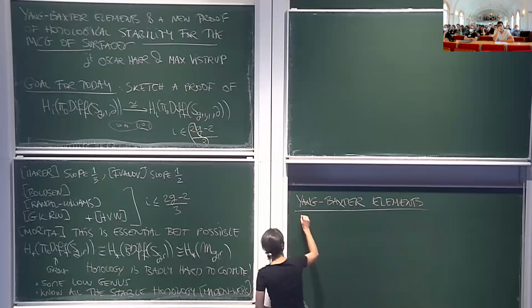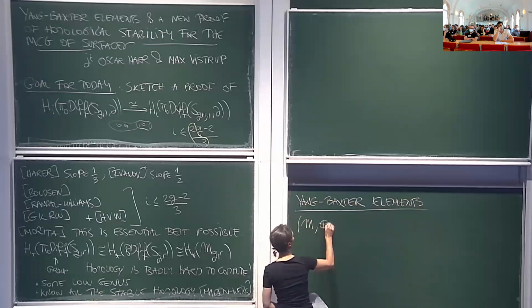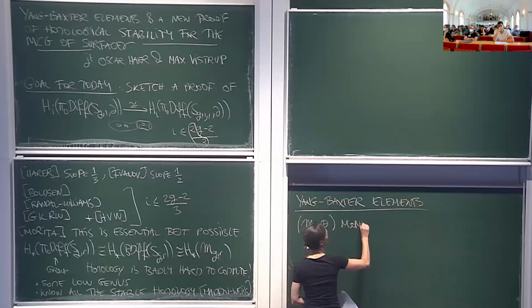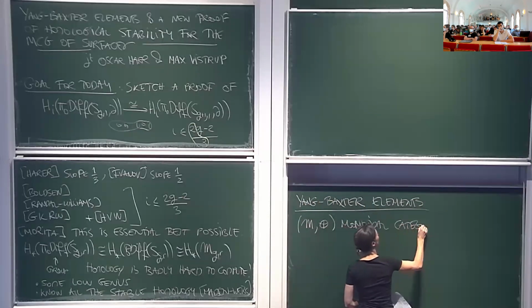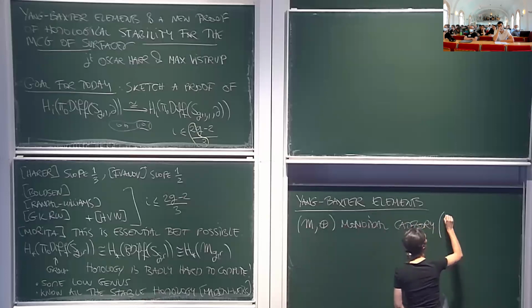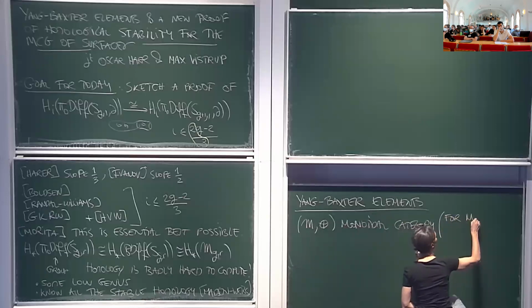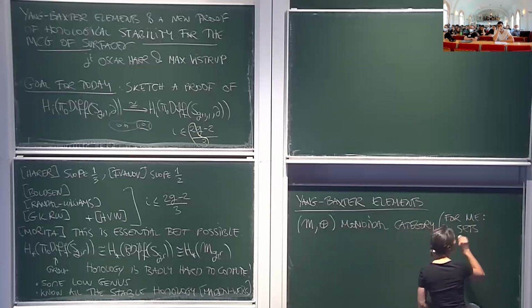Okay, so I start with a monoidal category. In this audience, I feel like I have to say what I mean. I'm really thinking in sets: a good old monoidal category, nothing particular about it.